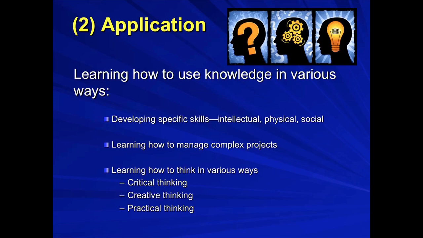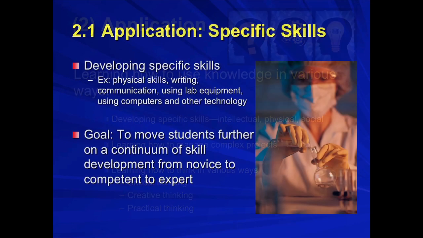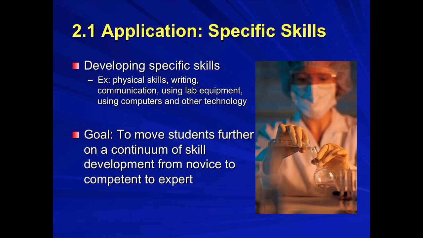So I want to spend a little more time on this application area. This domain of outcomes around application, what are some of the outcomes in that? Some of them could be outcomes that are specific skills in our domain of work. It might be certain physical skills, as I said, in a laboratory, knowing how to use certain equipment, when, under what conditions, and actually how to use the equipment.